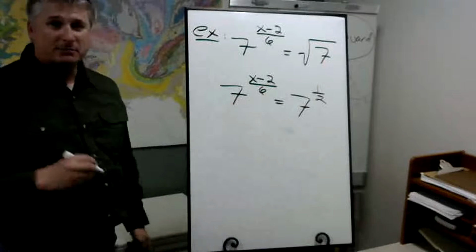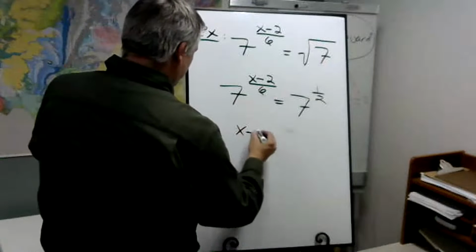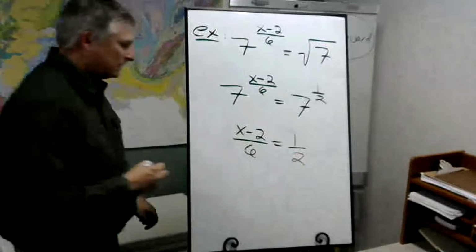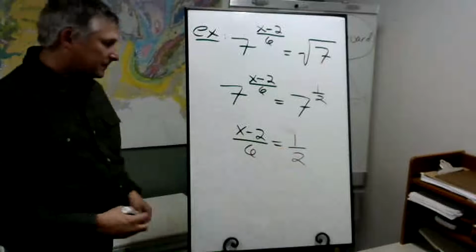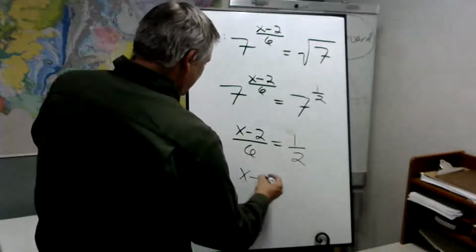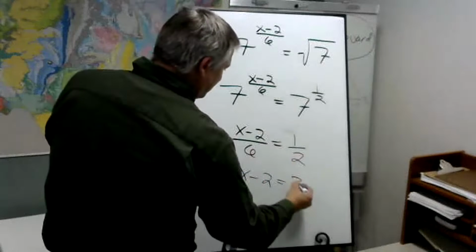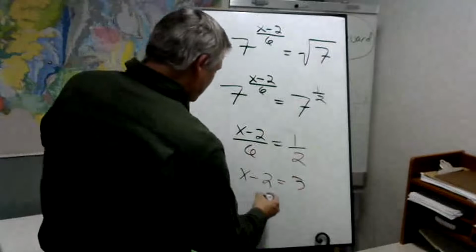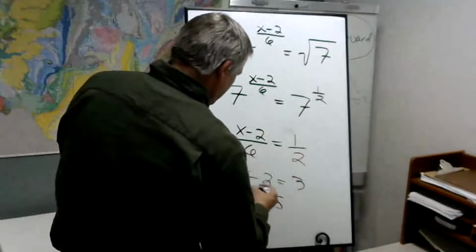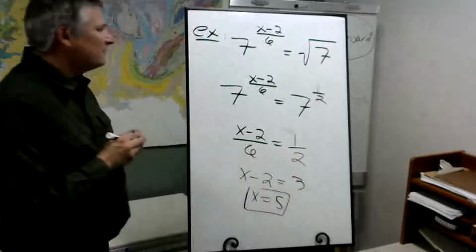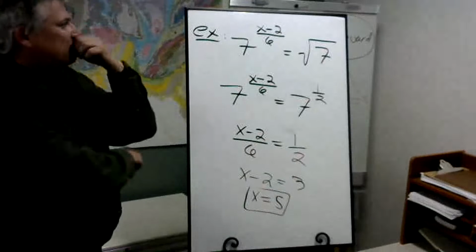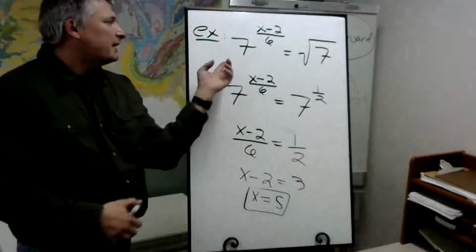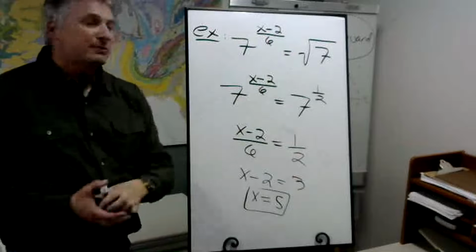We equate the exponents. We multiply both sides by 6. We'll get x minus 2, and then 6 times a half is 3. Add 2 to both sides. X is 5. And then we can check this, but it's going to work. You can plug in x is 5 here, simplify, and you'll get 7 to the 1/2, which is the same as square root of 7.